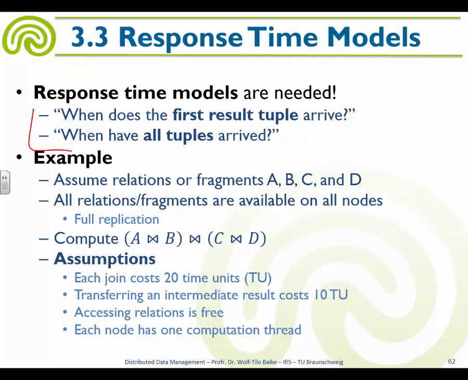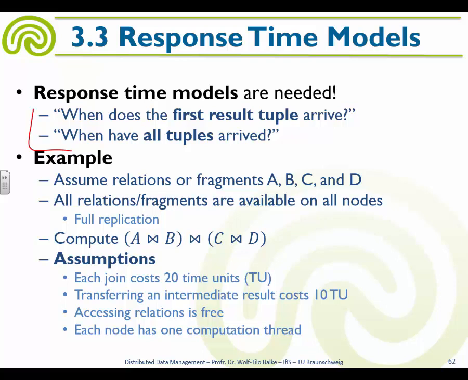So sometimes it's beneficial to sacrifice some total response time for fast, quick results, because then the user has something to look at and can already play with it, right, and see, oh, is this what I want, or is the next one what I want?